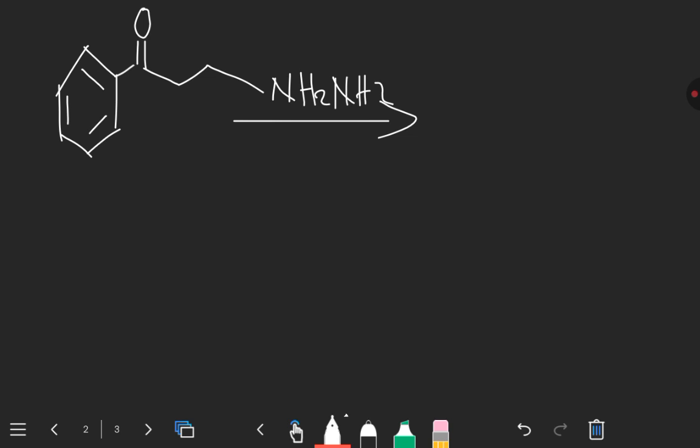Other than that, we have this potassium hydroxide, or we can have something like water, and also let's say we have reflux. Okay, so this is what we have in this reaction.